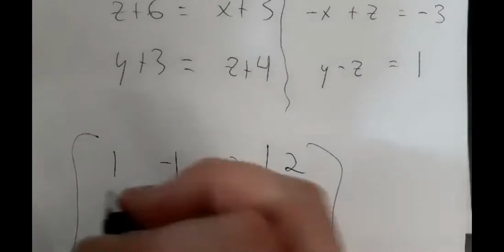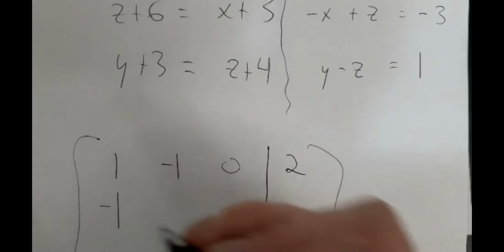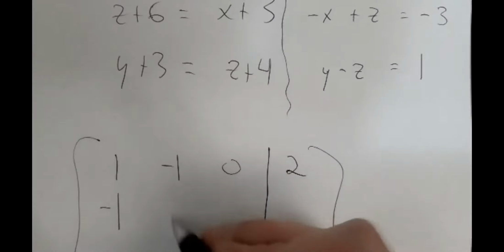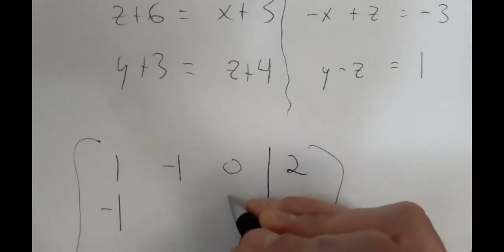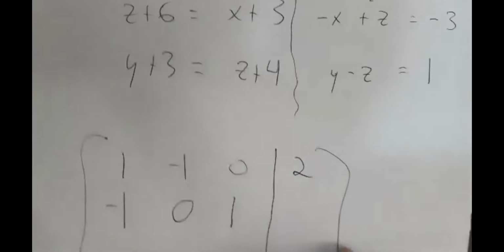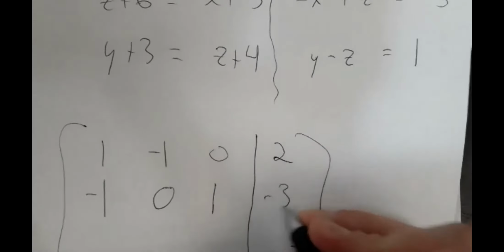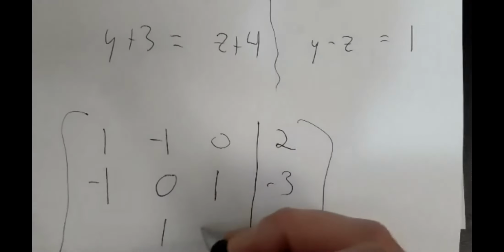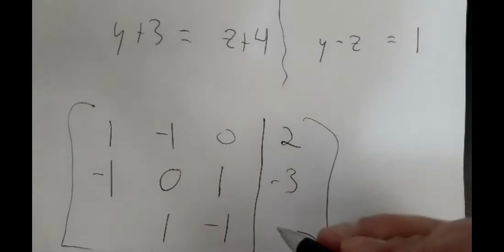The next one is just x's and z's. So I have a -1x. What am I putting for my y's? 0. Don't forget your zeros. Absolutely. -1, 0, 1. This is 1y. This is -1z. And this is 1.